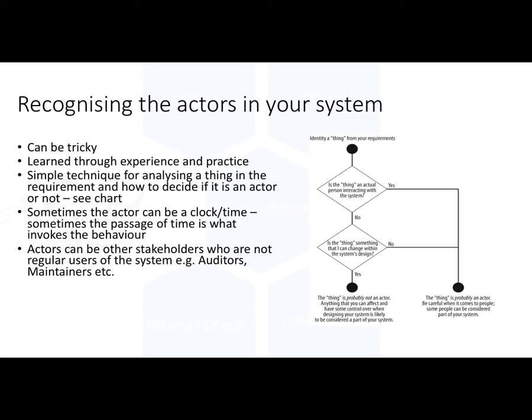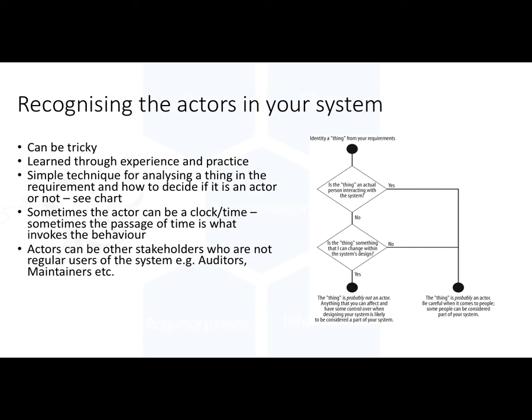So common actors that don't represent persons or positions in an organization are time and external systems. If you're building your system and it has to provide a service to some other system, or that system needs to query your system or ask it to do something or get some results from it, then that is likely to be an actor.